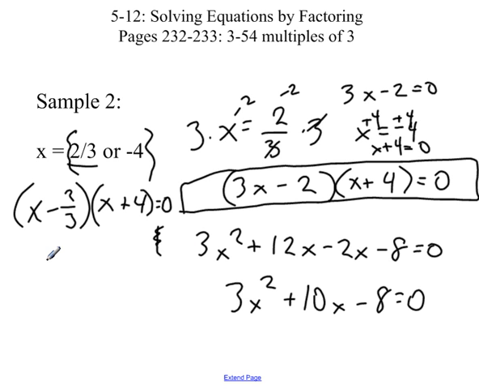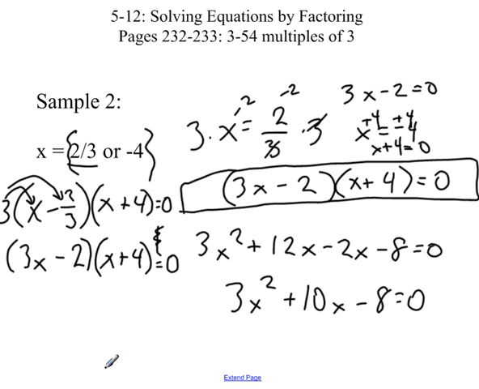At that point, it takes you through a clearing process with this 3 underneath your 2 as your denominator. And you end up at the same place. If you multiply this by 3 and you distribute, it's not going to make it all the way over here to the x plus 4. It's going to be used up right here. So that parenthesis turns into 3x minus 2, x plus 4 equals 0.